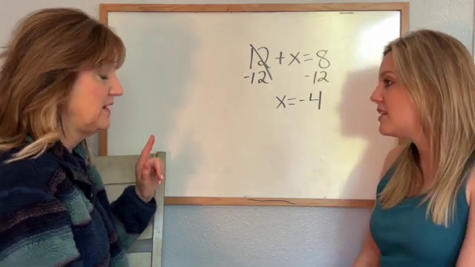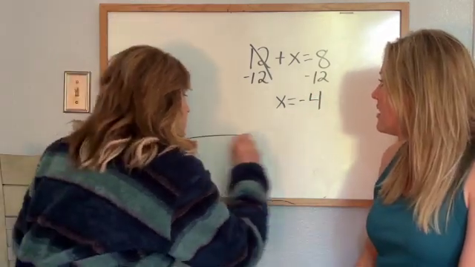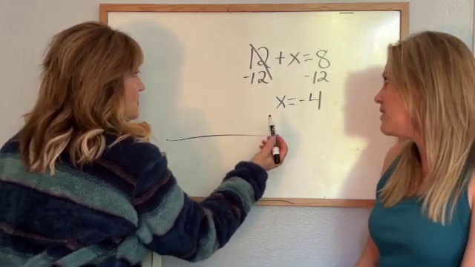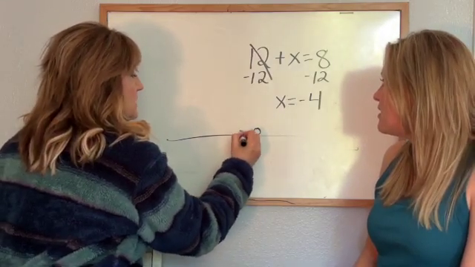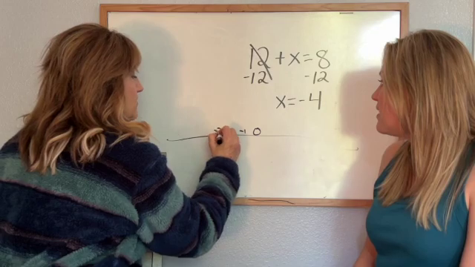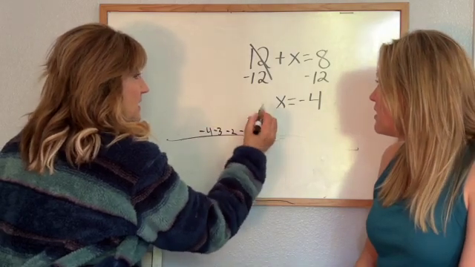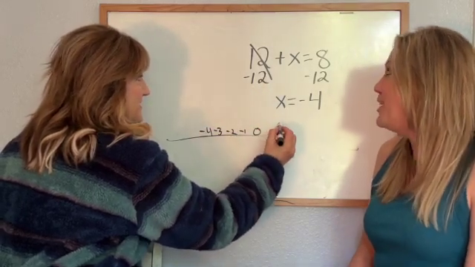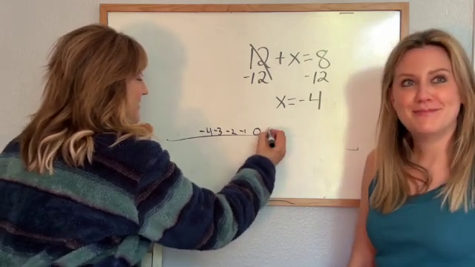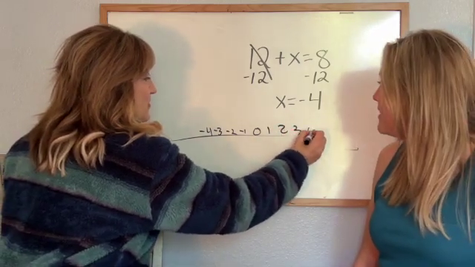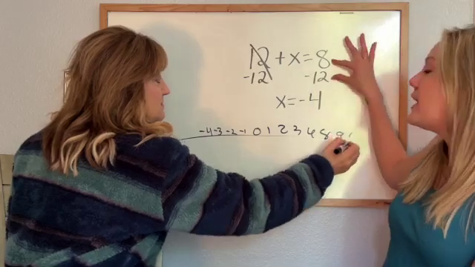But sometimes I have to do that number line thing where I go 0, negative 1, negative 2, negative 3, negative 4, because sometimes I can't add all those numbers together. So you have to do it this way. So you can't do this in your head.